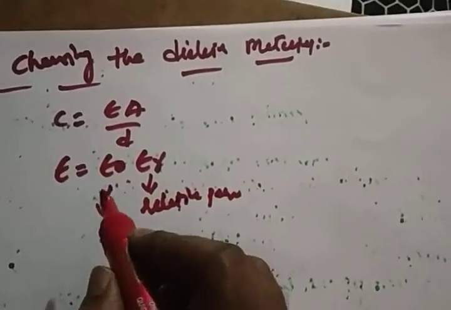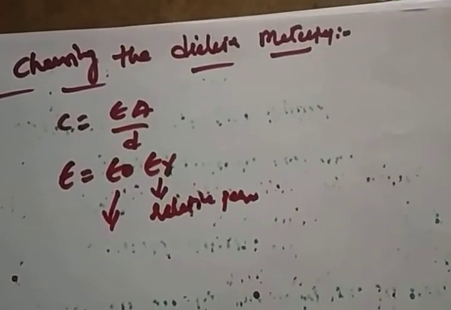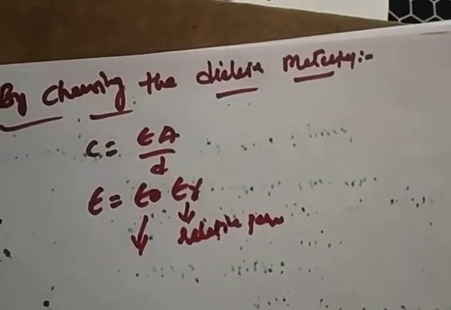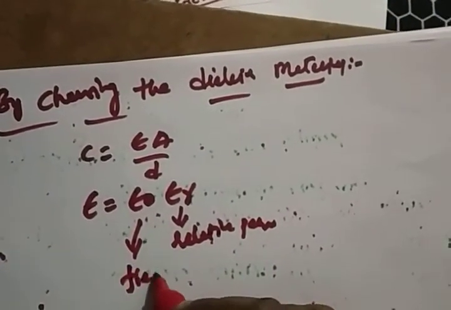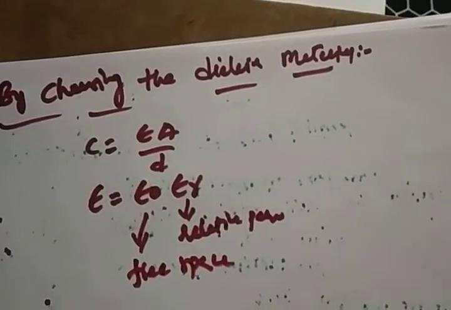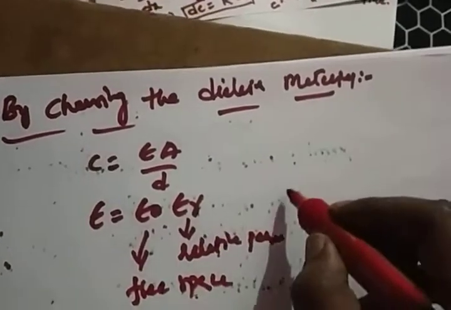Epsilon naught is the permeability of free space, right? So what is the permeability of free space?